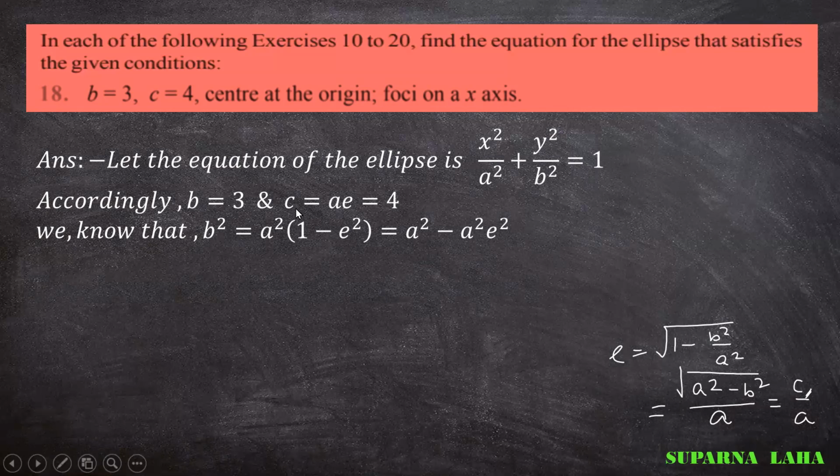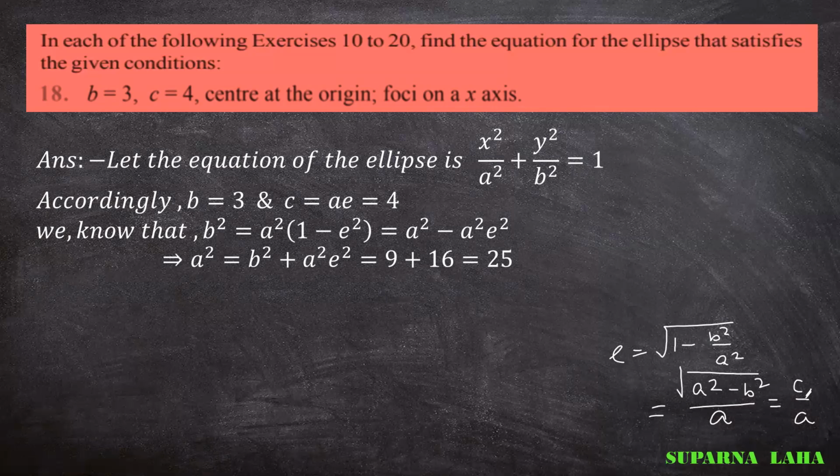You can also write C is equals to A E, then you can find the value of B, or if you follow the book NCERT, there it is written that under root A square minus B square is equals to C. Both are the same. If you just simplify it, you can find both are the same thing. But still the notations are different, so be careful.